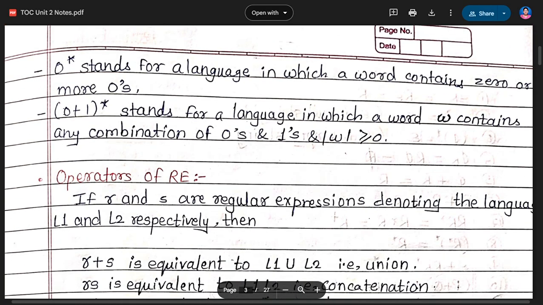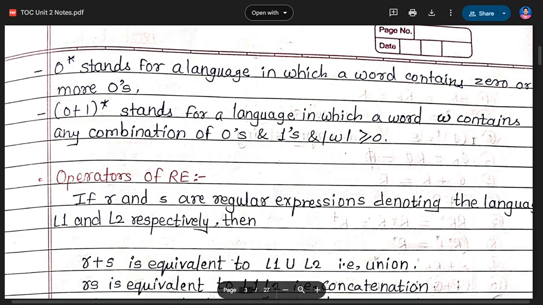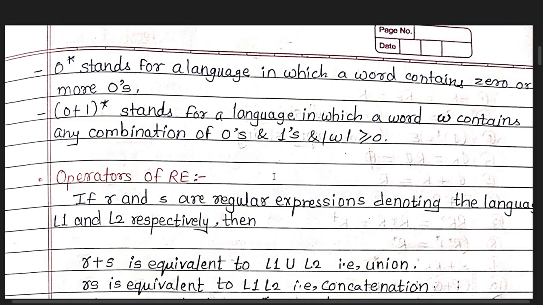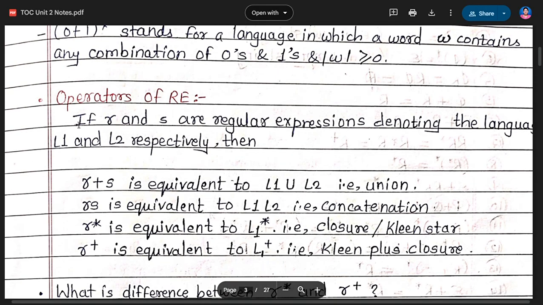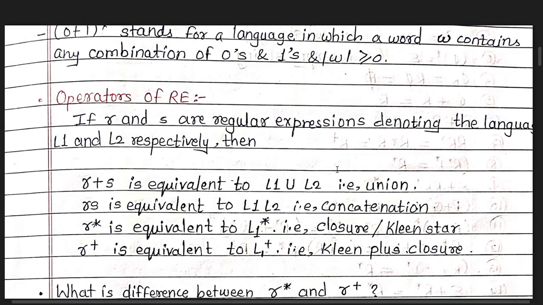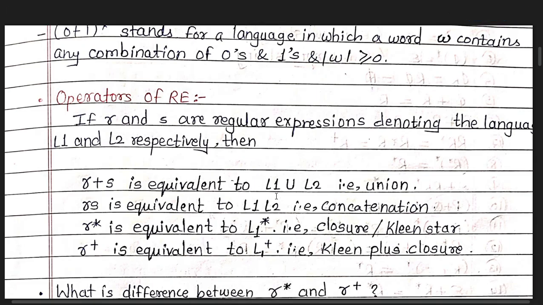Now here, 0 plus 1 star stands for a language in which a word W contains any combination of zeros and ones. Okay, the operators of regular expressions: if R and S are regular expressions denoting the languages L1 and L2 respectively, then R plus S is equivalent to language 1 union language 2.